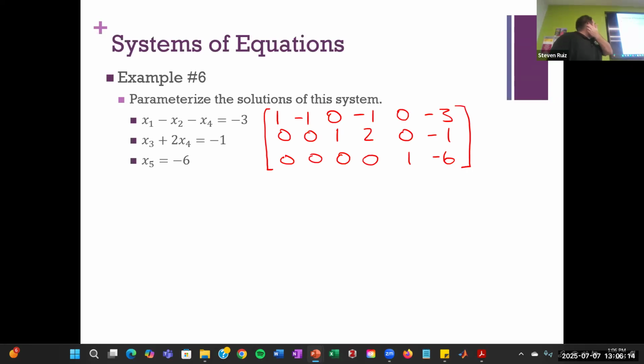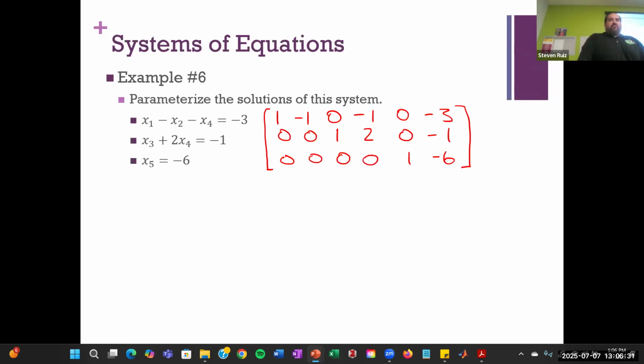Are we okay with that matrix? Can we reduce it any more than it already is? I don't think so either.